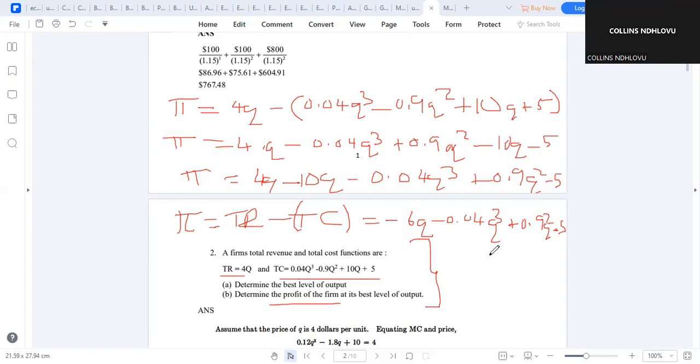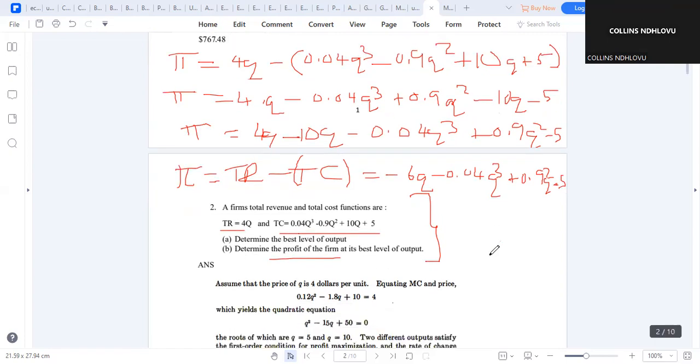All right. So when we differentiate this one, what does it become? Negative 6q becomes negative 6, right?